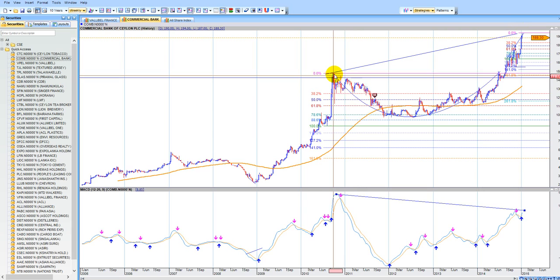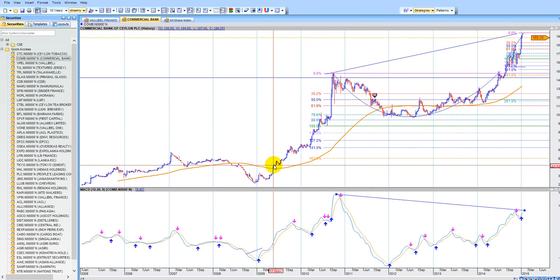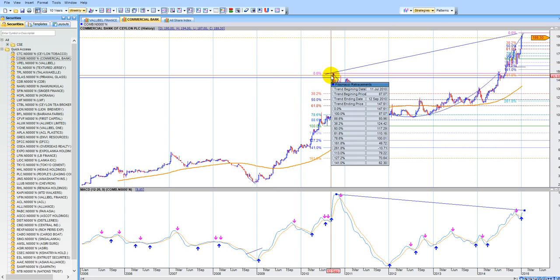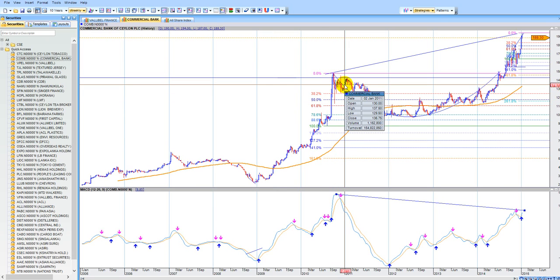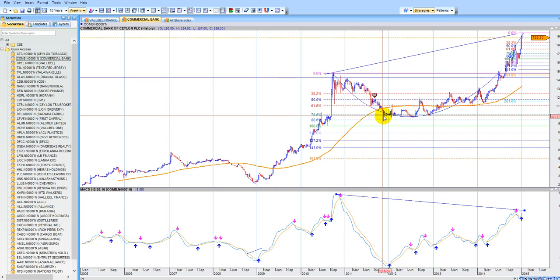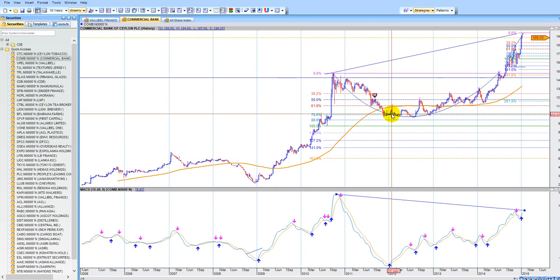Now you see here, since 2010 lately, we saw a correction taking place after the initial run since 2009. The price from a 42 level went to around 140, and then we saw extensive correction taking place almost closer to the extreme correction level. So the correction completed around 78.6.